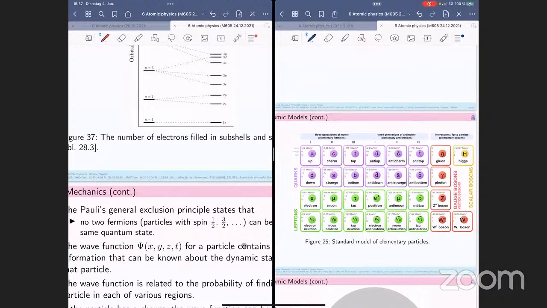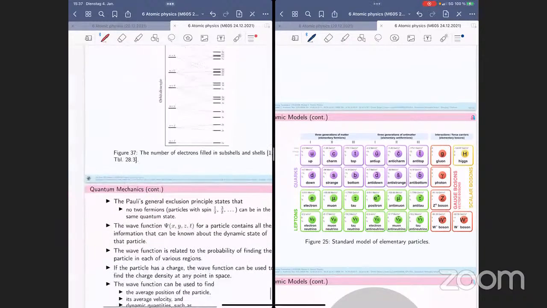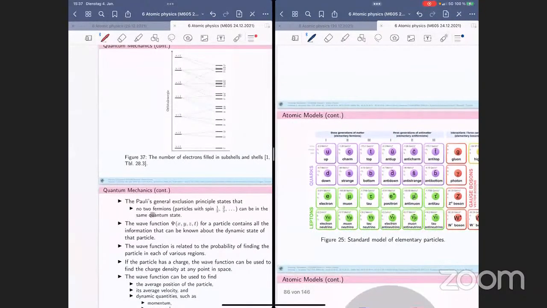But it's not the case. Pauli said that not only electrons, but everything in this group, which is called fermions, cannot stay at the same energy level. It means they cannot have the same quantum numbers. Okay, quantum number, what is that? Principal quantum number, orbital quantum number, magnetic orbital quantum number, and spin up, spin down quantum number, spin magnetic quantum number, the full name for that.